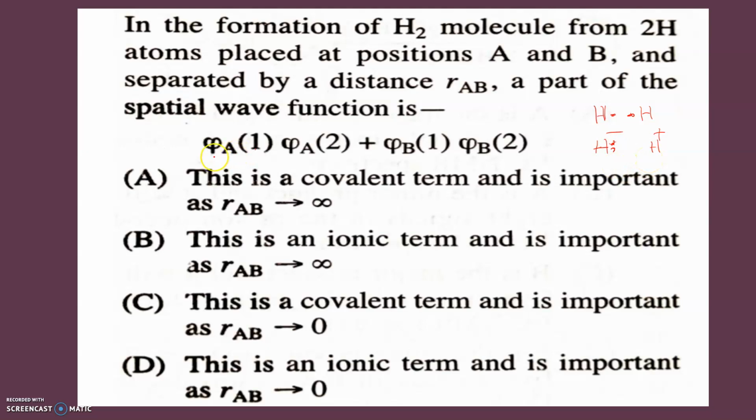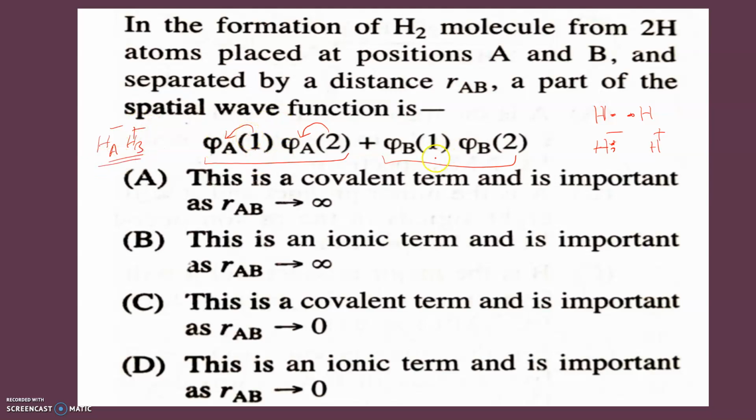Now see here, the wave function is given as a linear combination of two terms. In the first part, electron 1 is associated with nucleus A, and electron 2 is also associated with nucleus A. It indicates that both electrons are associated with atom A. So it is Ha minus, and therefore Hb should be plus. So this represents an ionic part.